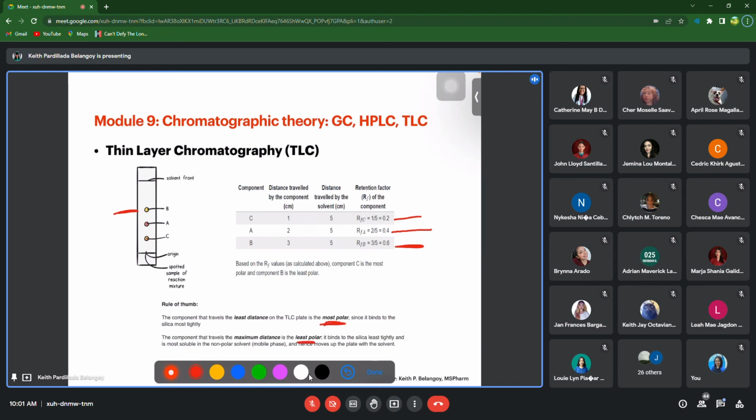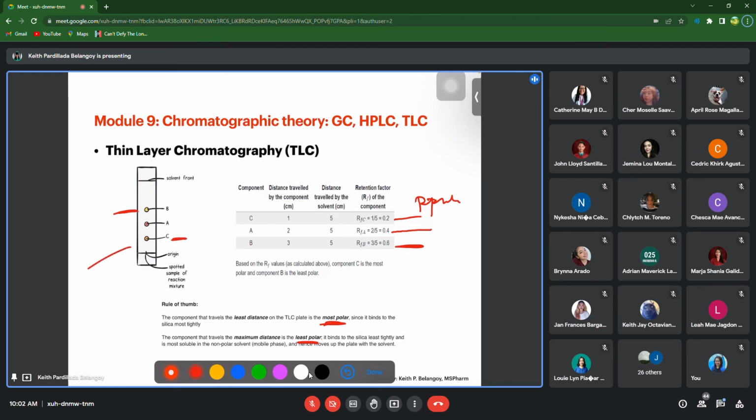So during your face-to-face exam, you will be asked to compute for the RF value, and then you'll be asked maybe which one is the most polar. So at least you can answer. It is spot C, for example, if it traveled the shortest distance. If it traveled the farthest, that is non-polar.